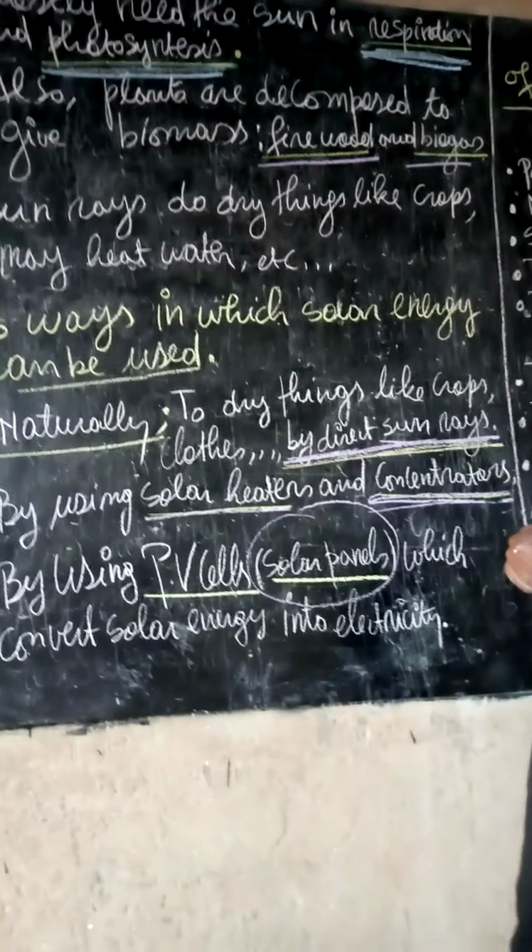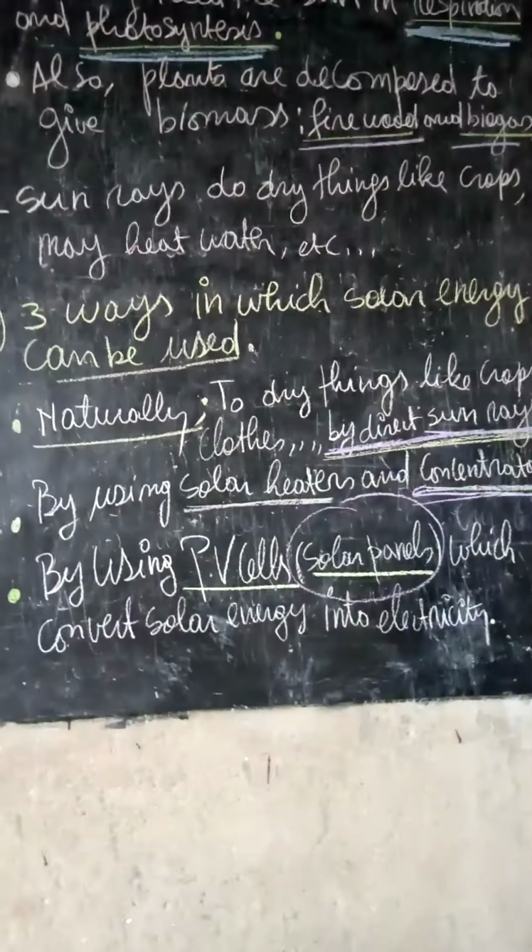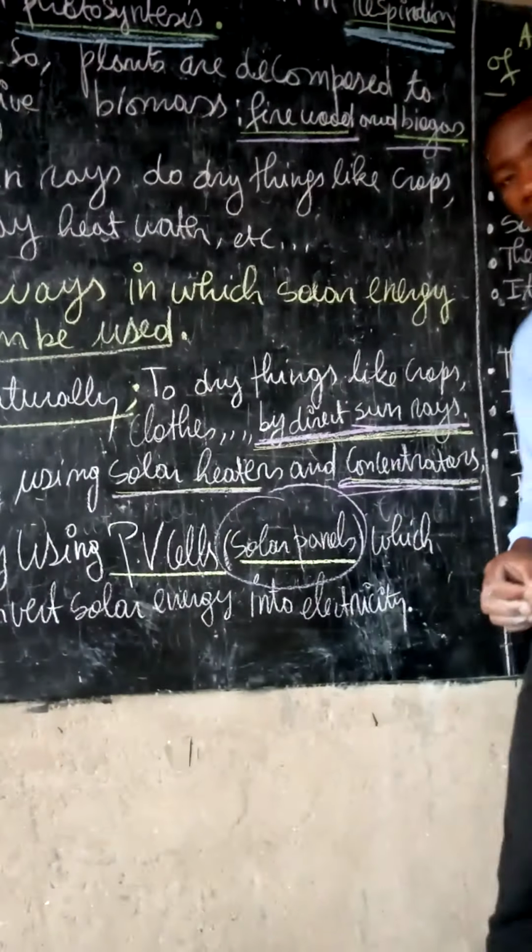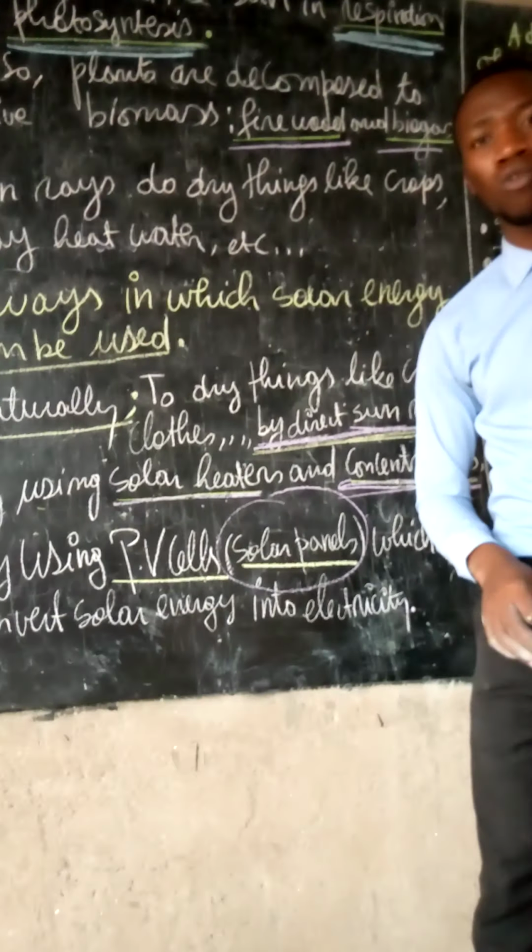Another way is by using solar heaters and concentrators. Solar heaters are put on the roof of houses.